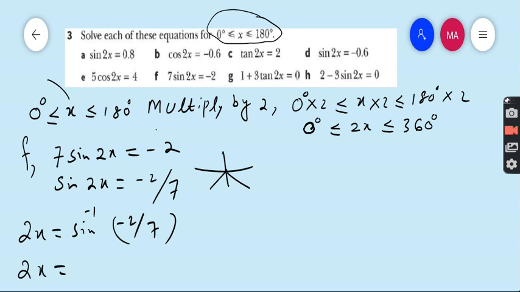2x is equal to sine inverse of minus 2 upon 7, which is minus 16.6.